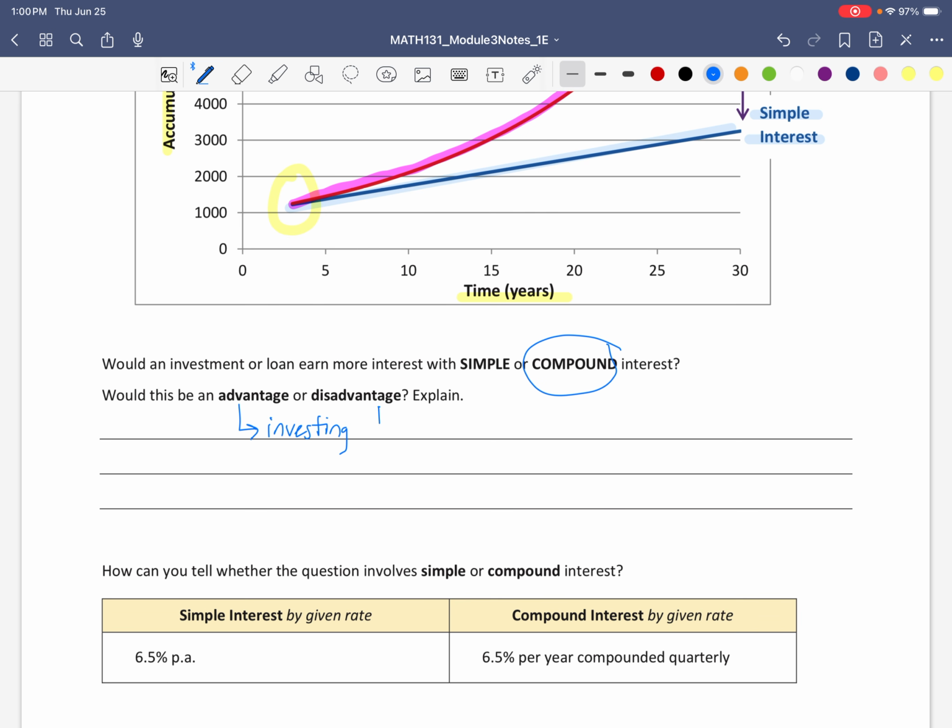Now this, though, is a disadvantage if we were borrowing that money, because the longer we borrow the money, the more interest we're going to be paying on it. So ultimately, if we borrow $10,000, let's say, by the time we pay it off, we've probably paid maybe closer to $13,000. So why is that? Well, it's because compound interest generates more interest.